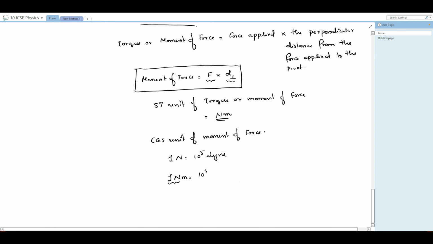So it is 10 to the power 5 times 10 to the power 2 dyne centimeter, that is 10 to the power 7 dyne centimeter. So dyne centimeter is the unit of moment of force in CGS.